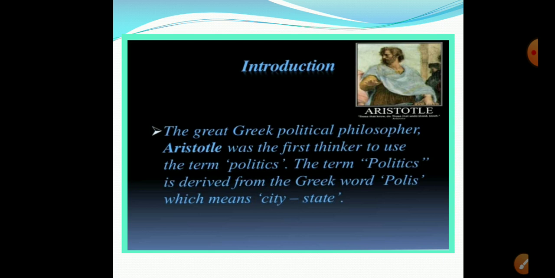The way we had in our country before independence more than 650 small princely states. For example, in the context of Punjab, Kapurthala, Jind, Nabha, Malerkotla, Patiala, these were princely states.